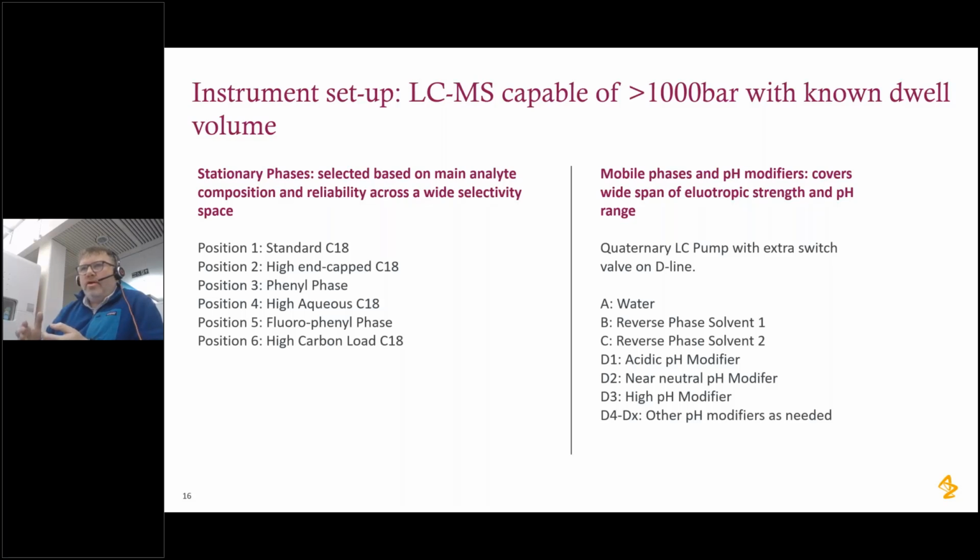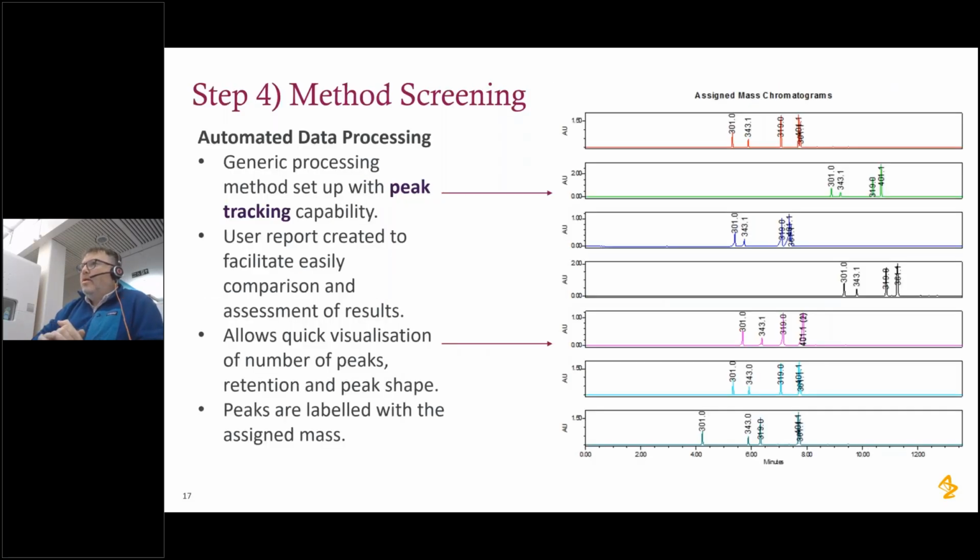It also has the quaternary pump that allows us to pump from aqueous and then 2 solvent phases. But we've also put an extra valve on the D line that allows us to switch between different modifiers. So this gives us a flexible system that stands alone in doing method development screening for the scientists that need to have an understanding of how they want to progress.